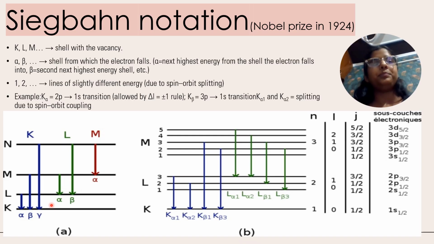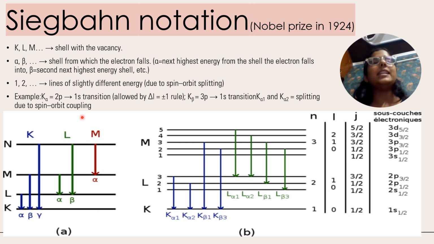So in this system, the capital letters K, L, M, N, etc. represent the electron shell where the vacancy is created, that is, the shell in which the electron transition ends. For example, the K series, which is here, corresponds to transitions ending in the K shell. As we can see, from any of the above shells, the transition is ending in the K shell.